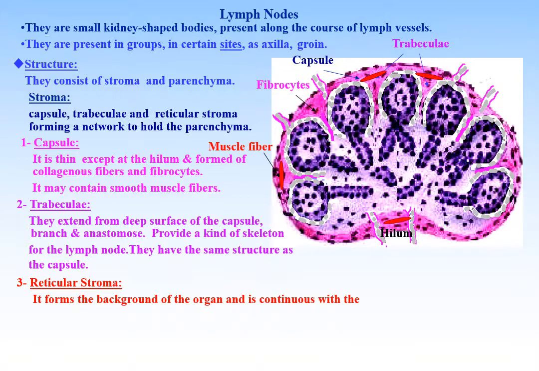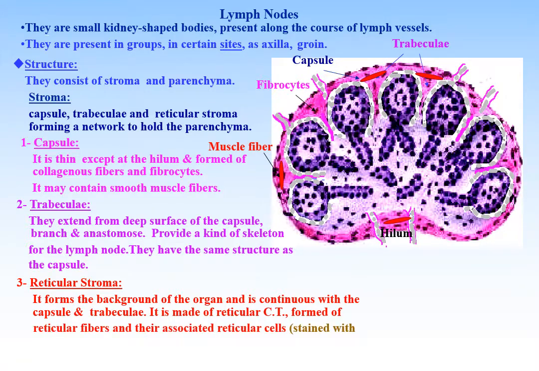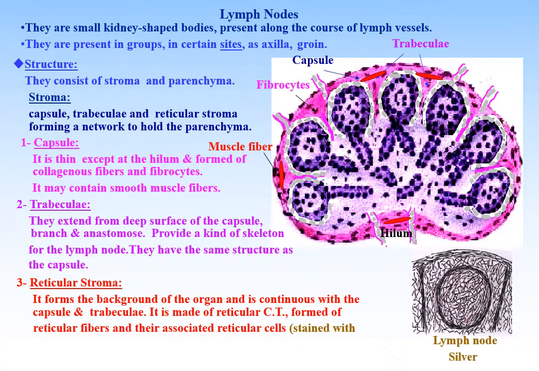Reticular stroma. It forms the background of the lymph node and is continuous with the capsule and trabeculae. It is made of fine reticular fibers and their associated reticular cells.